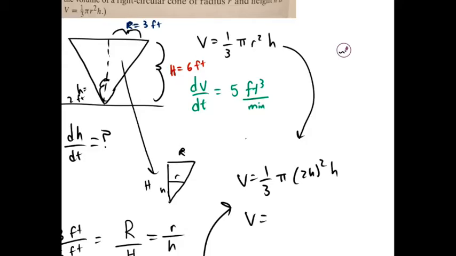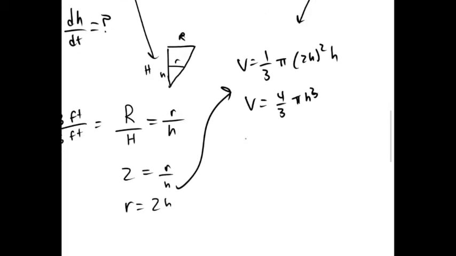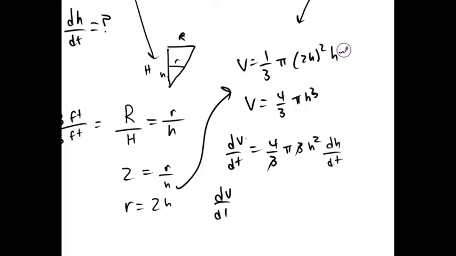That gives us that V is 4/3 pi h cubed. Now if we differentiate both sides, we get dV/dt equals 4/3 pi times 3h squared dh/dt. The 3's cancel. We get dV/dt equals 4 pi h squared dh/dt.